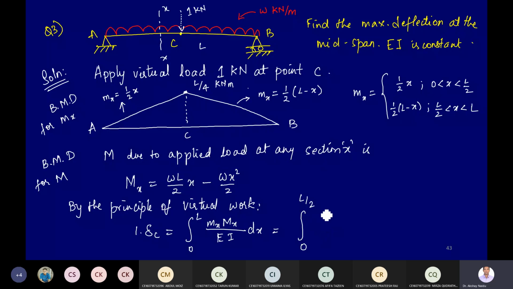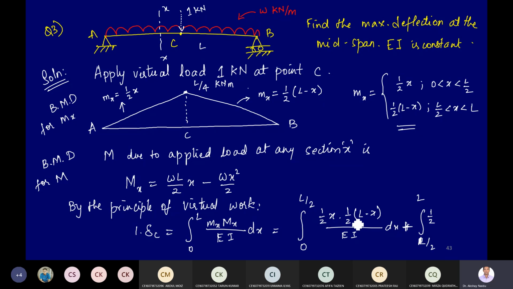Small m from 0 to L by 2 is half x into half L minus x by EI. Now, from L by 2 to L, instead of half x, it will be half L minus x.